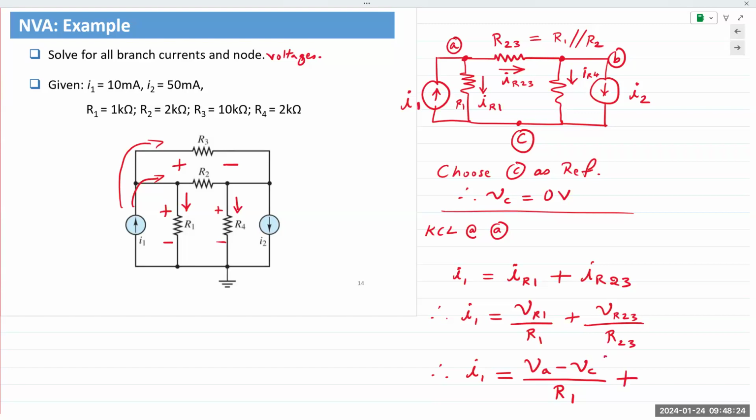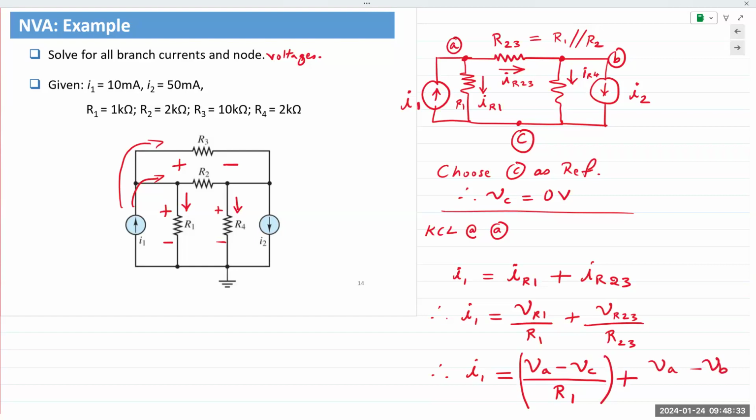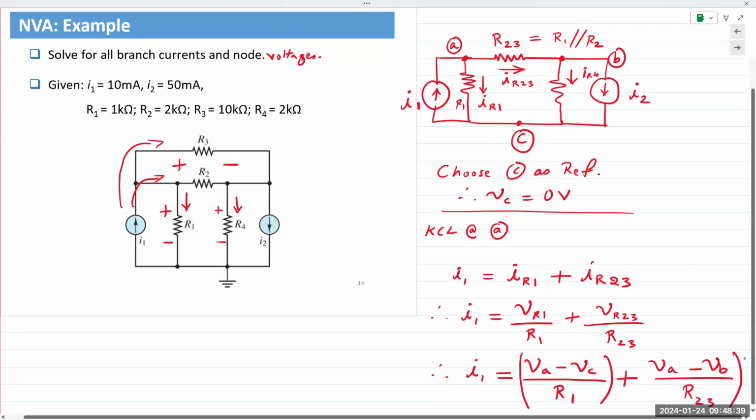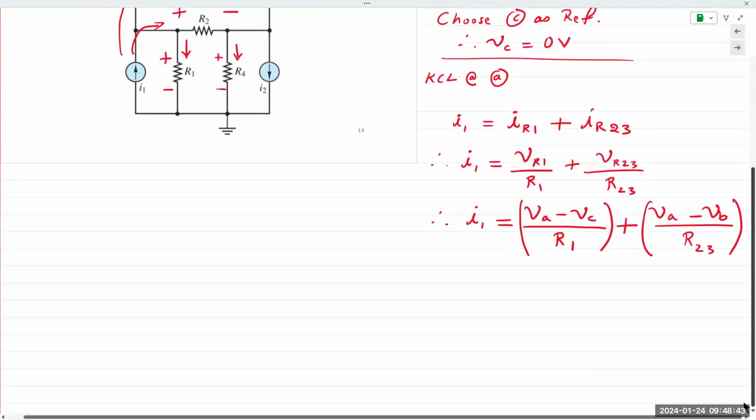Then plus VR23 is VA minus VB, divided by R23. Plug in all the known values.